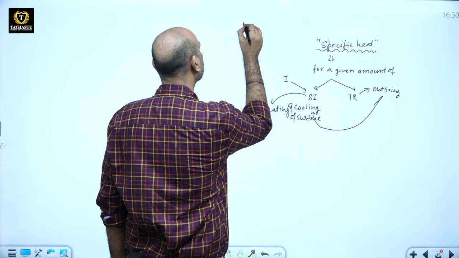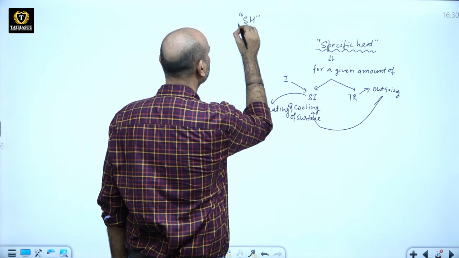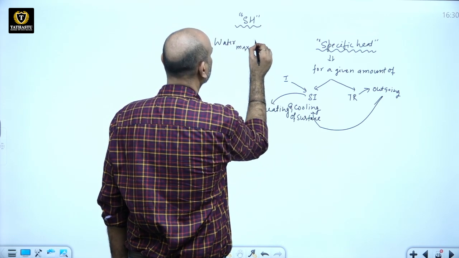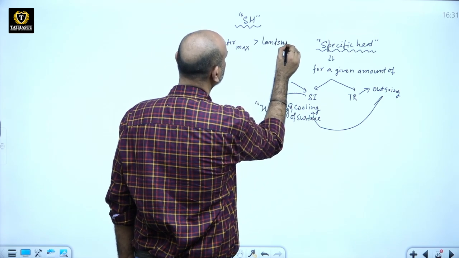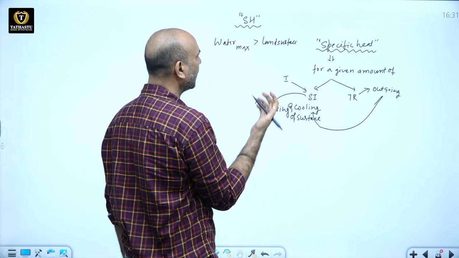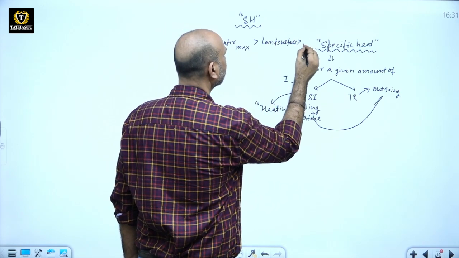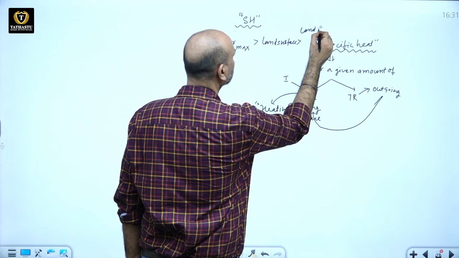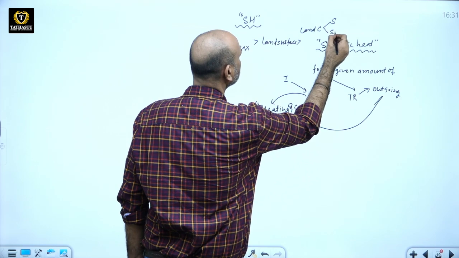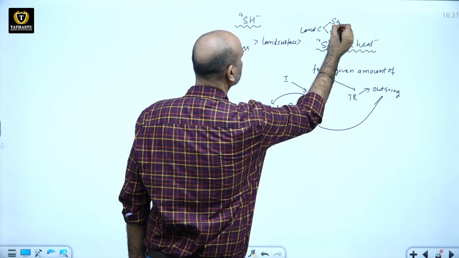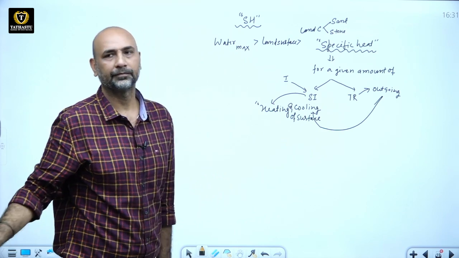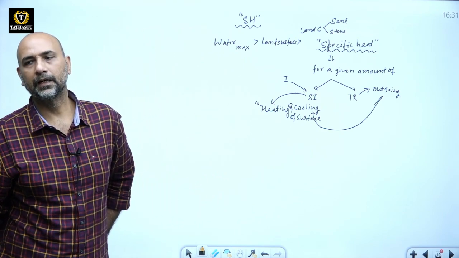Remember that specific heat, taking the geographical condition, is maximum for water. Then the land surface is relatively low in specific heat, and land covered with sand and stone has the minimum specific heat in relation to the land.